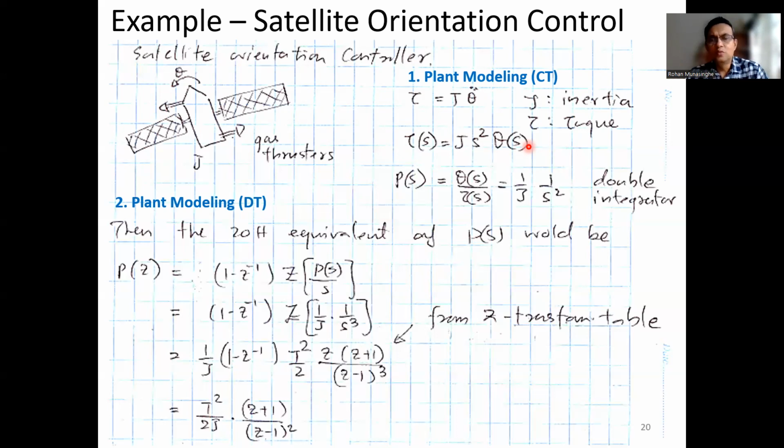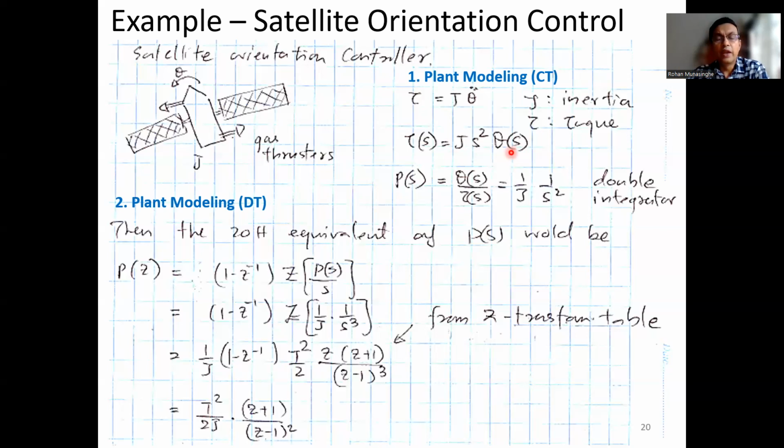But let's assume all initial conditions are 0, right? So just get rid of that. So this is the Laplace version of the plant model, right?